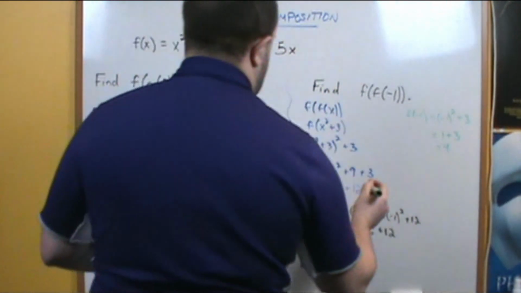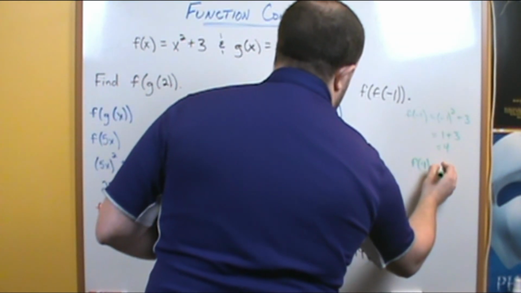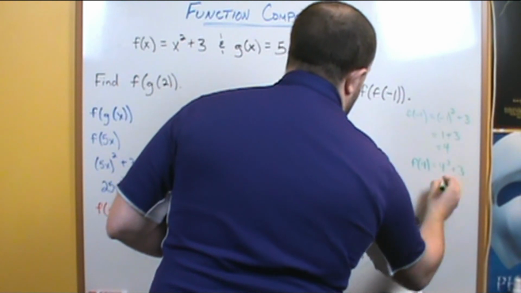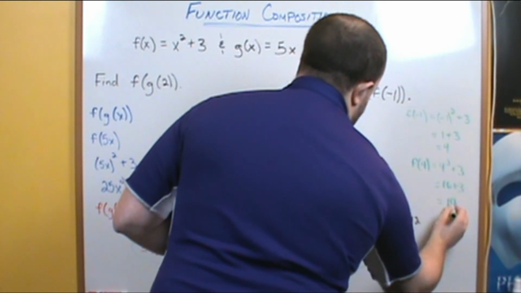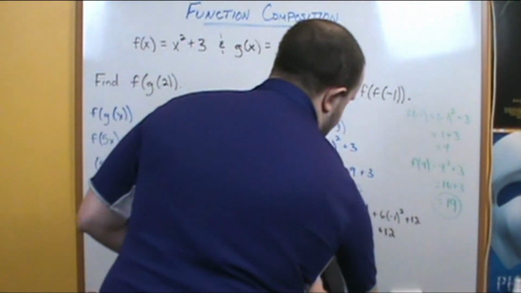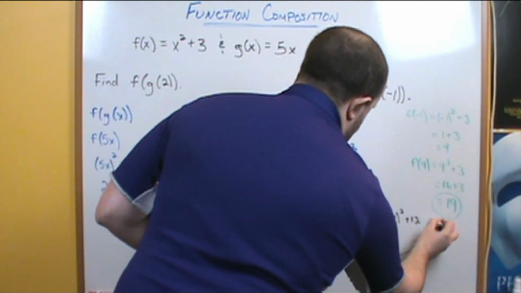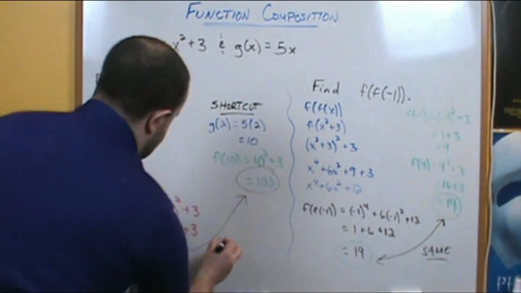And then if we evaluate the function f again, at 4, we get 4 squared plus 3, which is 16 plus 3, which is 19. And we get the same answer in both cases.